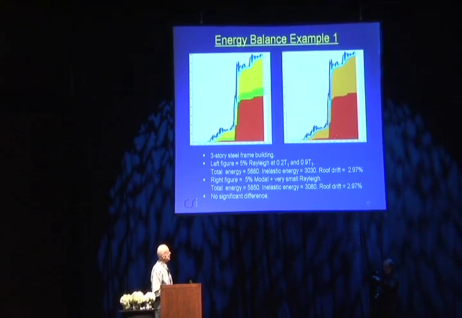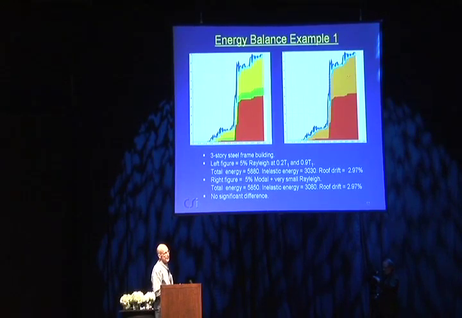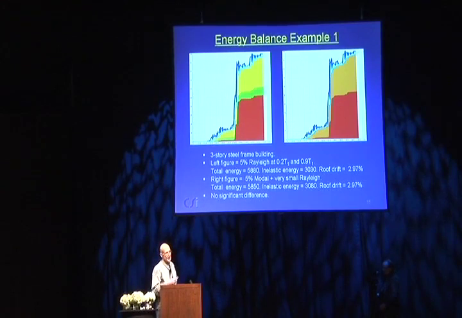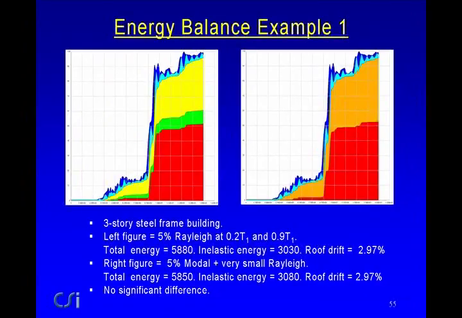And the second one is with modal damping, and the red here is inelastic, and this color here is modal energy dissipation. And if we look at the values, this is a 3-story frame building. It's just a little example I used earlier. The left figure has 5% Rayleigh damping at 0.2 and 0.9 T1 as we suggest.